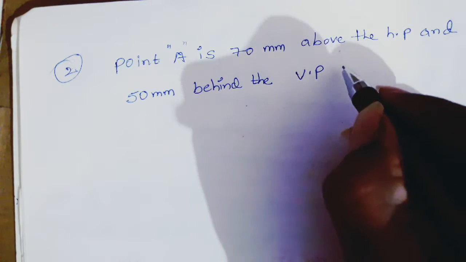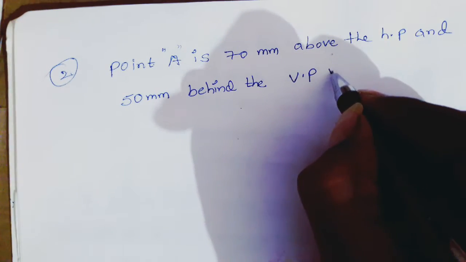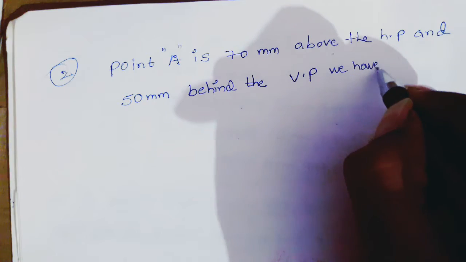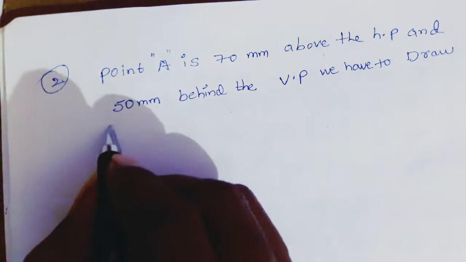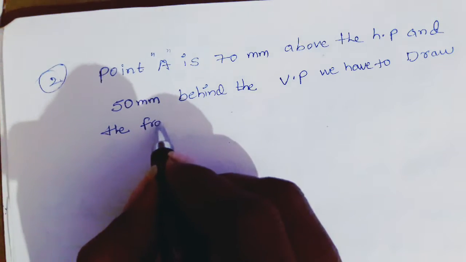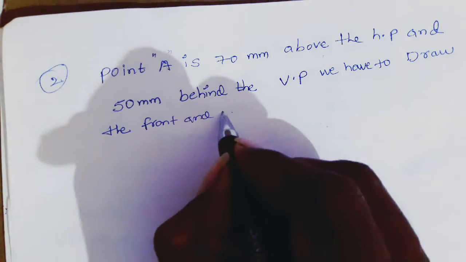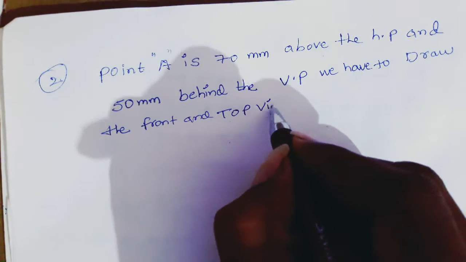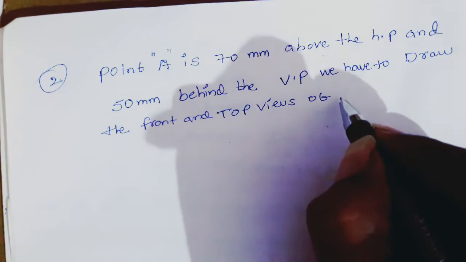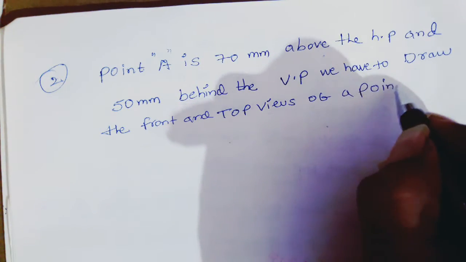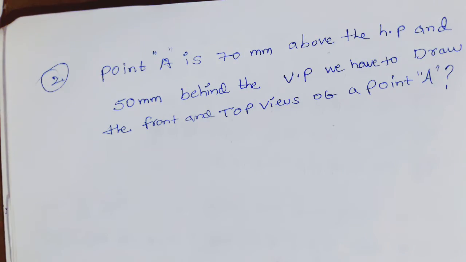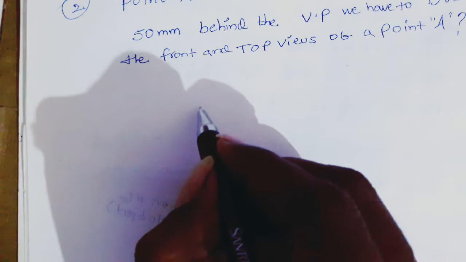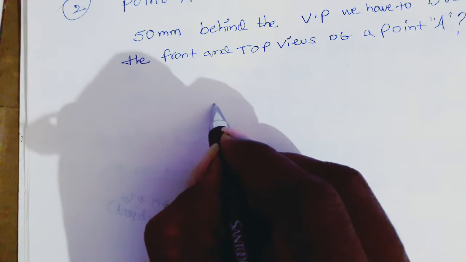Next, what do we have to solve? We have to draw the front and top views of a point A. In this way he will give the problem. So next, the same imagination you have to think for the second.